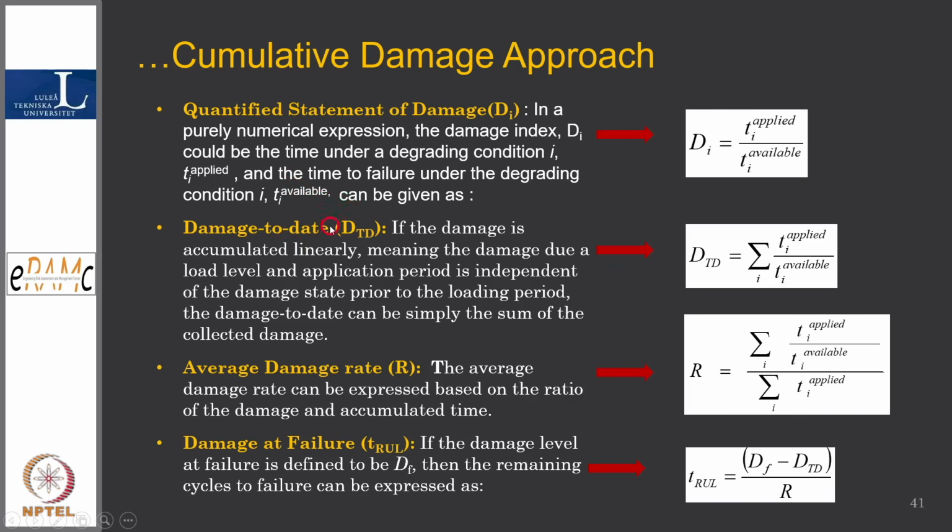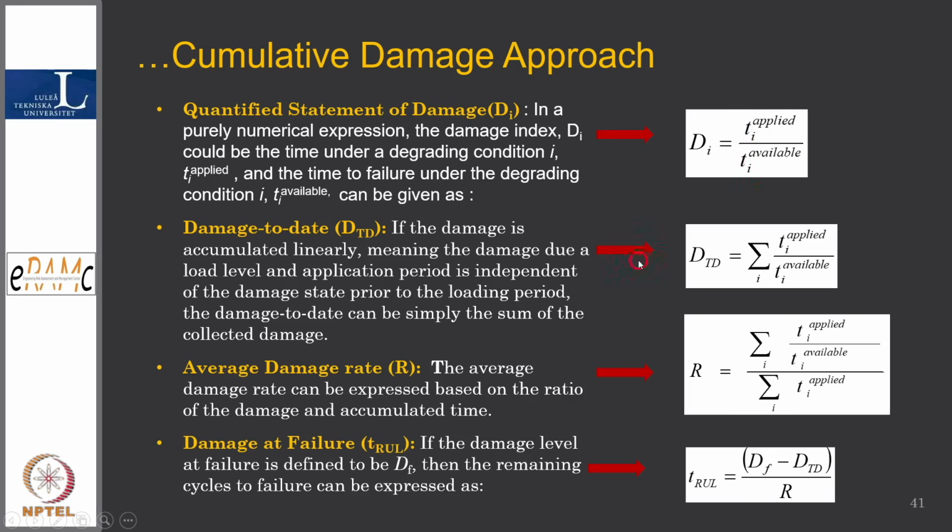So the D index, that is the degradation index, can be given by T applied, whatever actual load is applied, divided by T available.